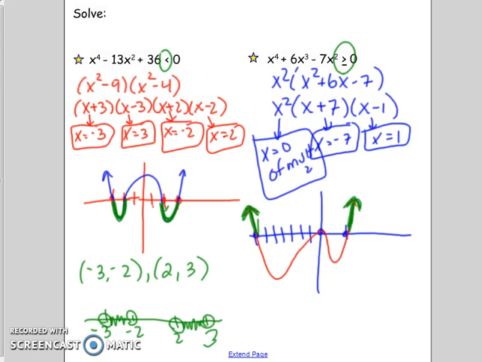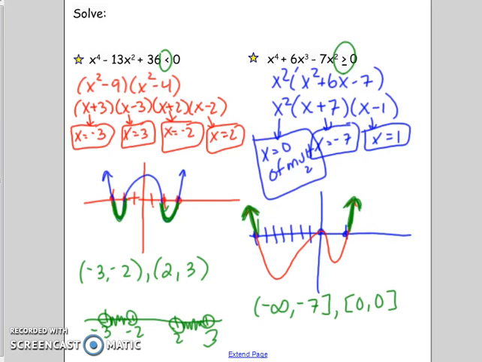So we're going to say from negative infinity, which is going to be in a parenthesis, since it can't include it, to negative 7, which is going to be in a square bracket. And then, since it says greater than or equal to 0, we have to include our 0 of multiplicity. So we're going to say from 0 to 0.